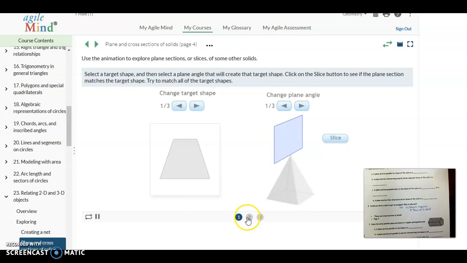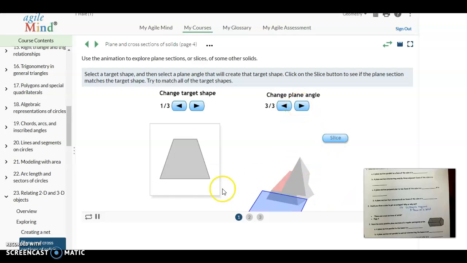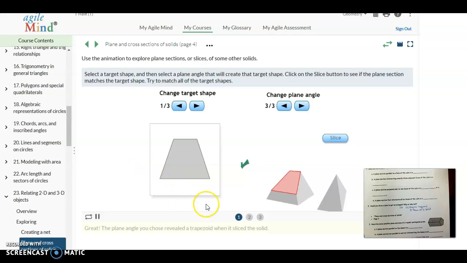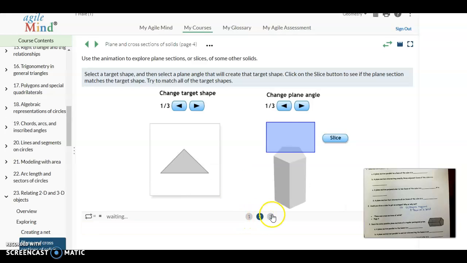You're going to do the same thing you did before. You have a target shape, and you have different angles that you can cut at to try to produce that shape. Again, this is great for visualizing, so go ahead and pause the video again, work through all 3 of the solids, and that'll help us answer the following questions in your notes.